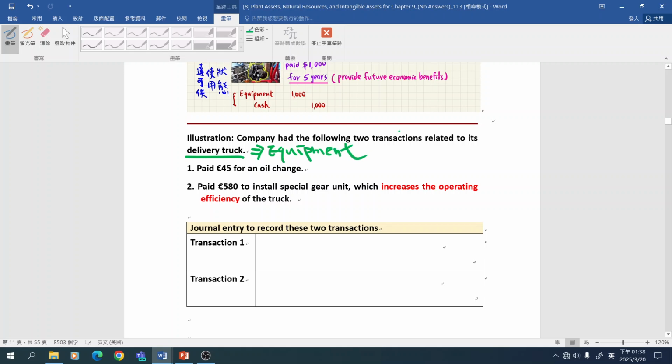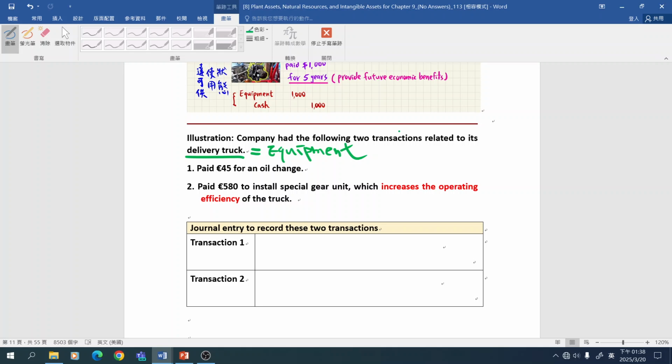Okay, so for the delivery truck, you got it. After that, then did you find out you spent $45 to change the oil? So that's the first additional cost we have. Second additional cost you have is you spent $580 to install spatial gear unit. 这个叫齿轮组合。So what's the keyword?